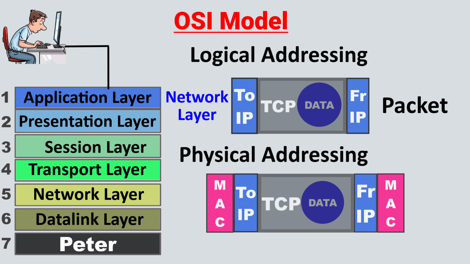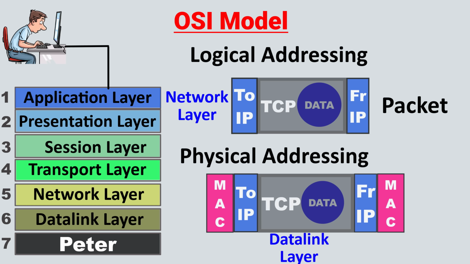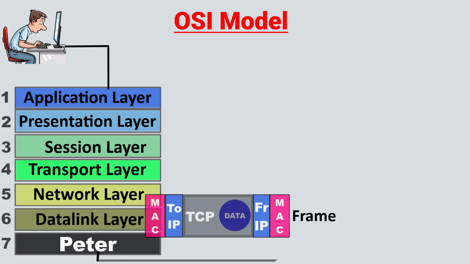It is also called layer 3 addressing. Physical addressing is done on the data link layer, where sender and receiver MAC addresses are assigned to each data packet to form a frame, and then this frame is sent on physical media like copper wire or optical fiber. Basically, the data link layer allows the upper layers of the OSI model to access media using a technique called framing.